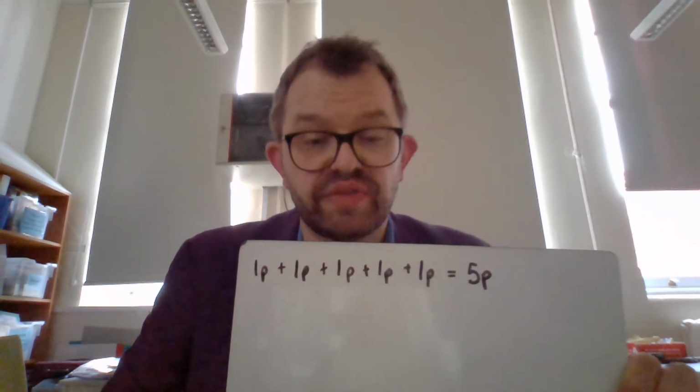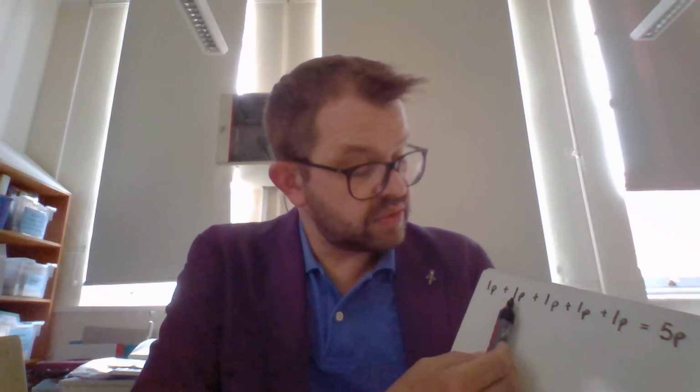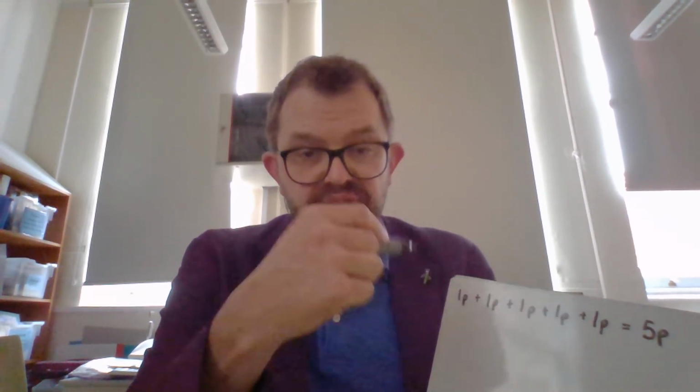So if you're somebody that likes repeated addition, and doing it as adding might be the way you want to do it, because you're going to have different denominations of coin, you might start with that and then maybe change the first or the second 1p coin to a 2p coin and keep the rest the same, and then work your way up. You might want to just think about combinations where all the coins are different to start with, and then move on to the combinations that are the same.